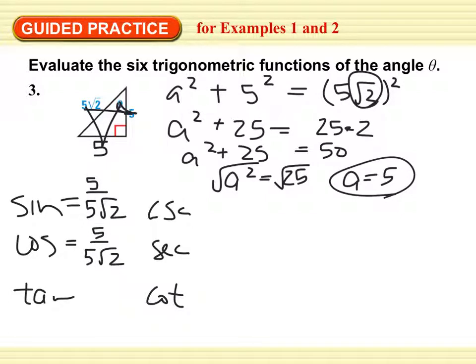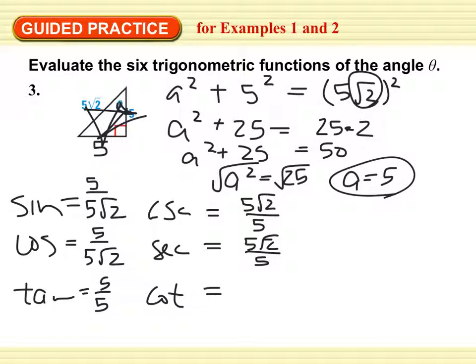I didn't leave enough room. And then opposite over adjacent. Reciprocal, 5 root 2 over 5, 5 root 2 over 5, 5 over 5. All right, I assume you've written those 3 down.